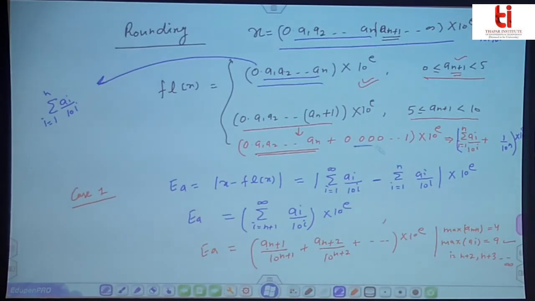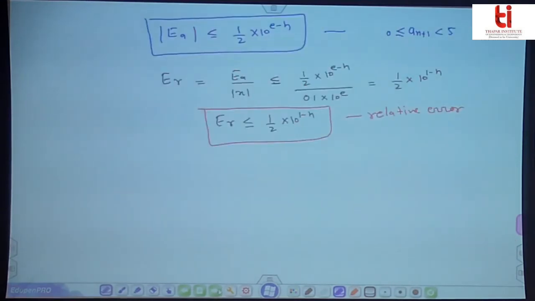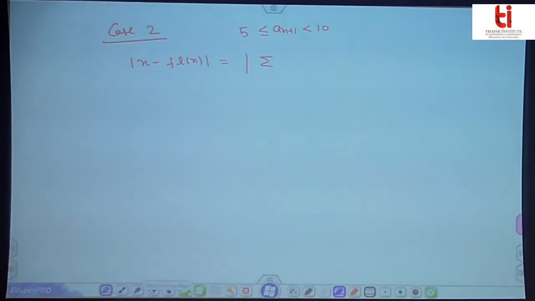Okay, because this value is what? 0.0001, so this could be equivalent to 10 raised to power minus n, the value. Okay, so summation i equal to 1 to infinity of a_i upon 10 raised to power i minus, what is the value of floating of x? Summation i equal to 1 to n of a_i upon 10 raised to power i plus 1 upon 10 raised to power n.